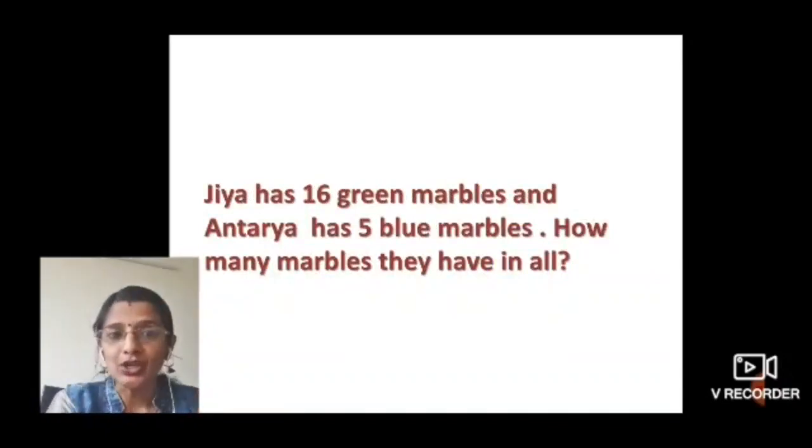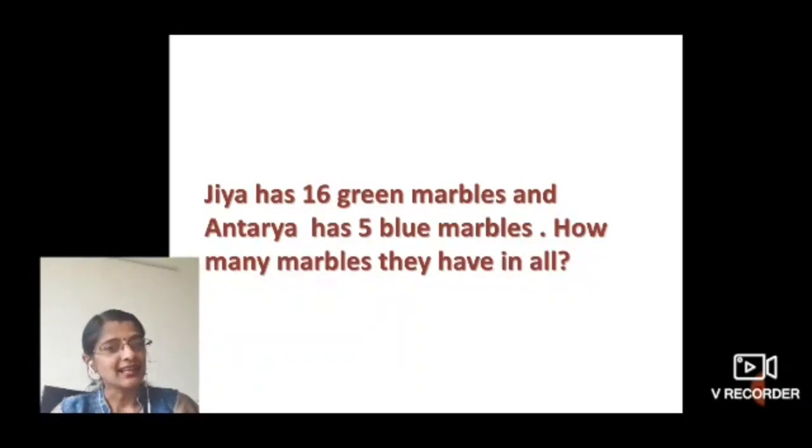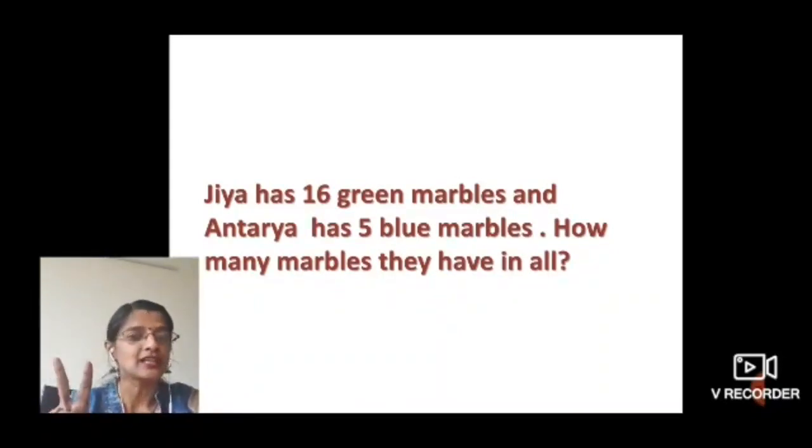Here, Jia has 16 green marbles and Antarya has 5 blue marbles. How many marbles they have in all? I told you 2 things we need to find out from the question. The first one is the information given. What is the information given here?